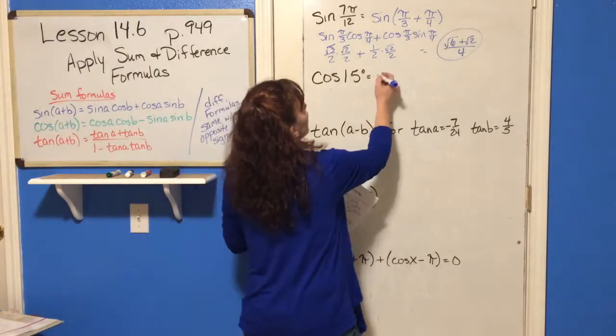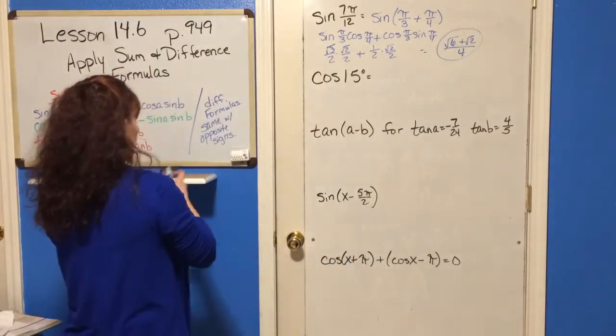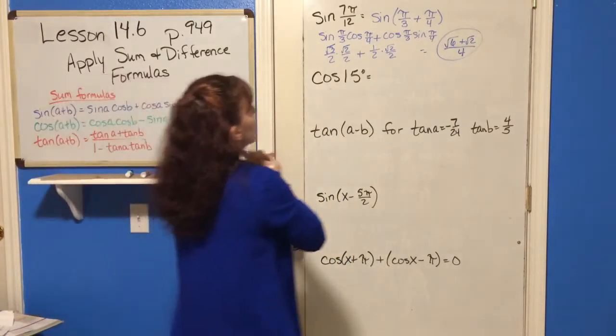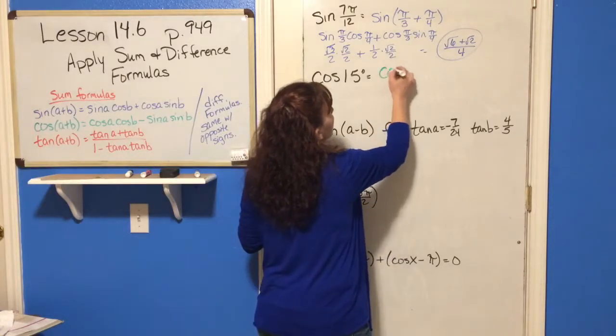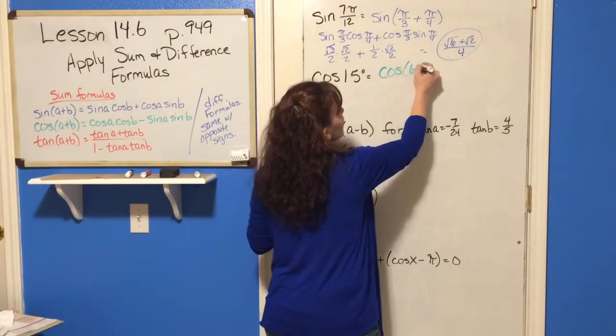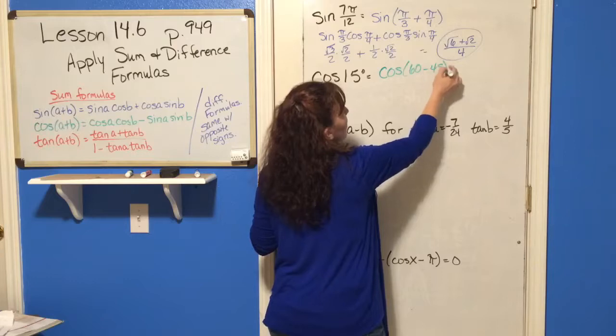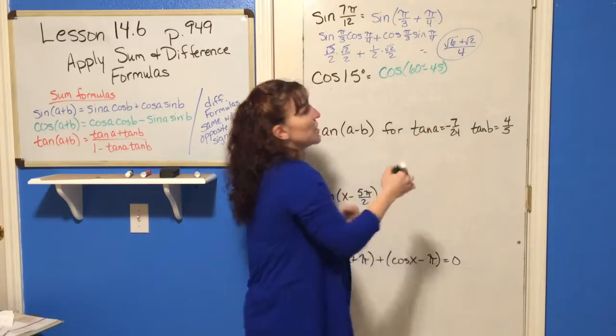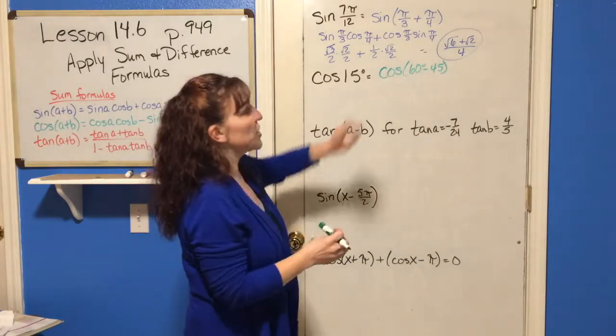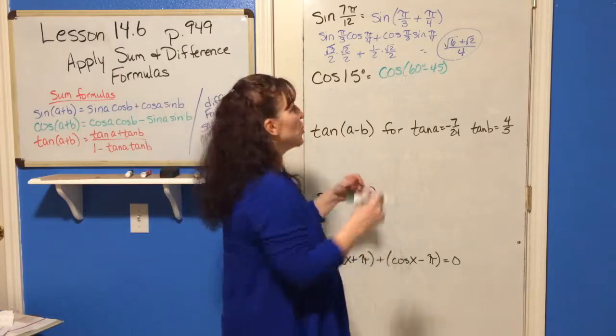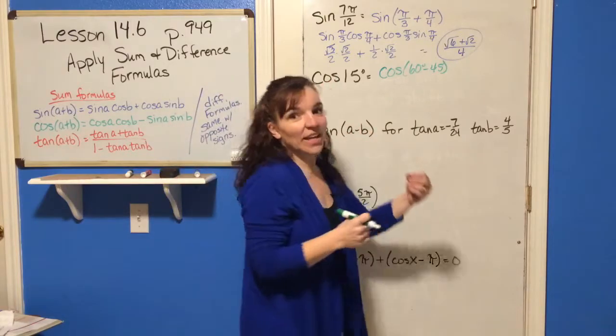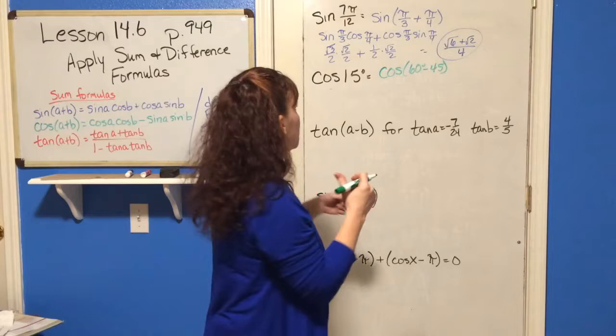So you could take the cosine, let's do it in a different color simply because I'm running together here. Cosine of 60 minus 45, because 60 degrees minus 45 does give you the 15 degrees. So now you use your difference formula, and if this is freaking you out, go back to your book.